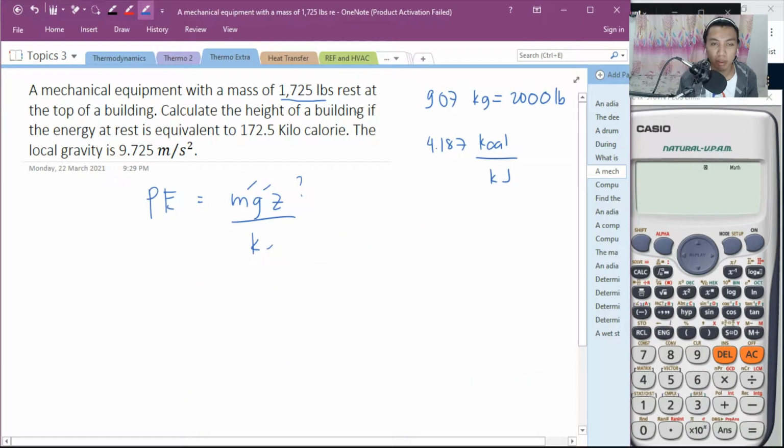Baliktad pala. Ang pagbabaliktad ko siya minsan, eh. Kilojoules per kcal, 1 kcal. Okay?